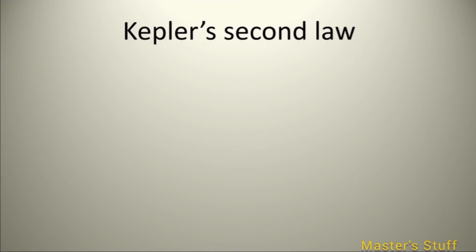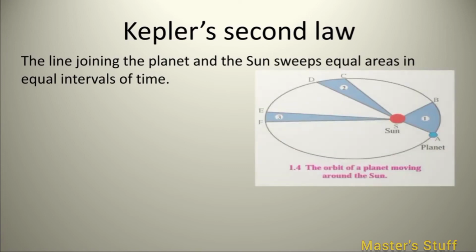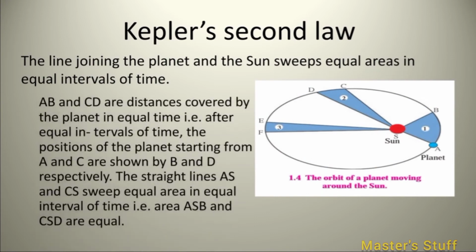Kepler's second law. The line joining the planet and the sun sweeps equal areas in equal intervals of time. Take a look at figure 1.4. AB and CD are distances covered by the planets in equal time, that is, after equal intervals of time.